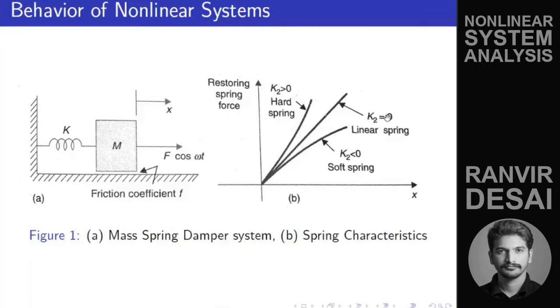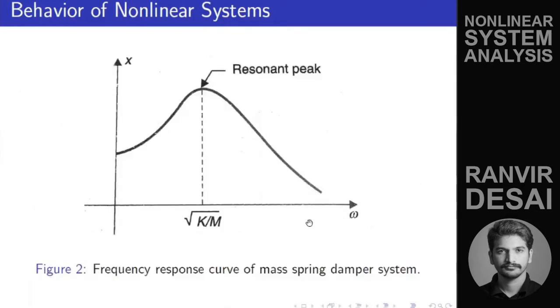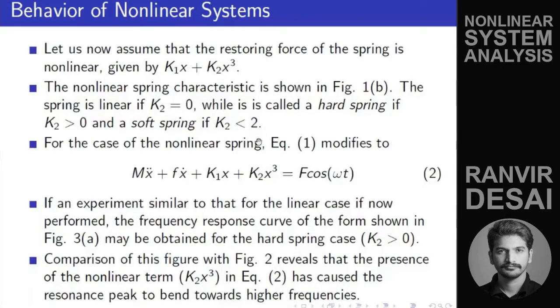If we extend this, you can see that the amount of force it gives will be constant after a certain point. So this is a nonlinear behavior. The characteristics of the spring are nonlinear. We consider two cases here, depending on whether K2 is positive or negative: hard or soft spring. So this is the nonlinear system.